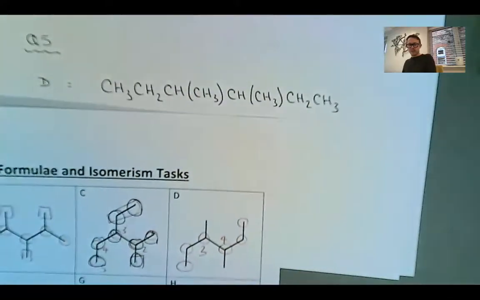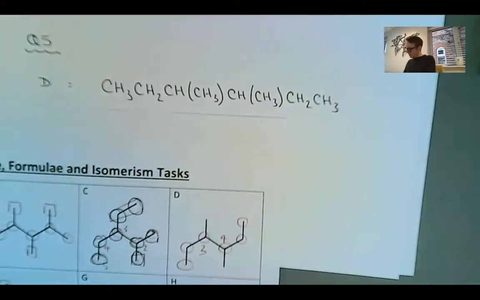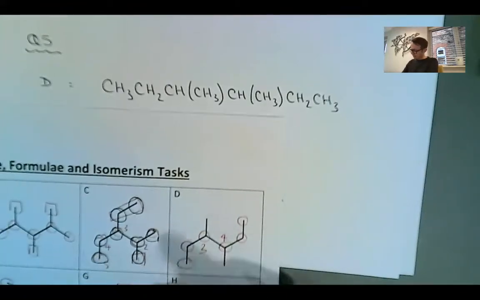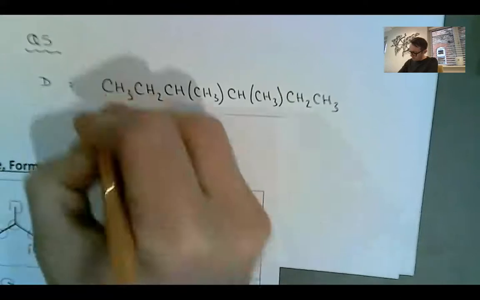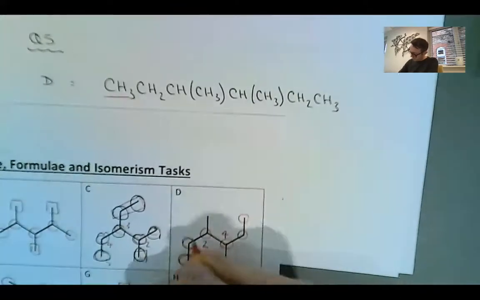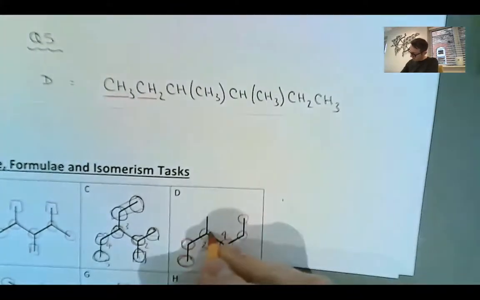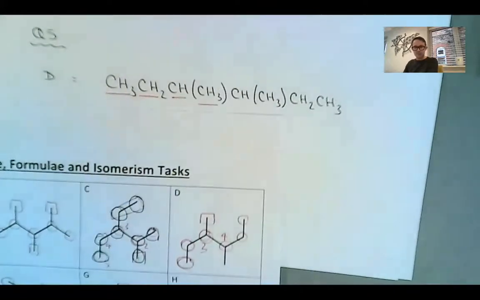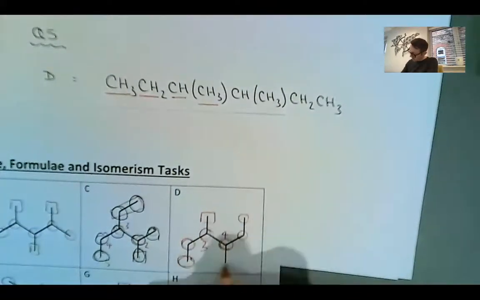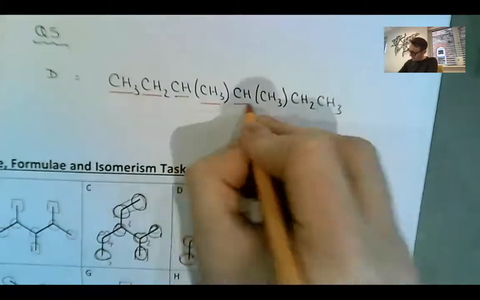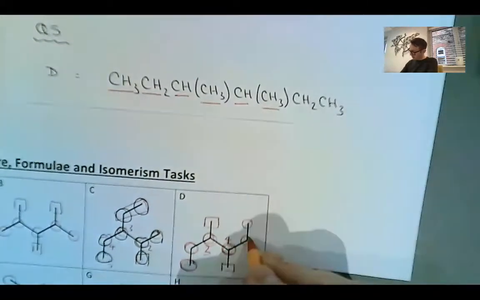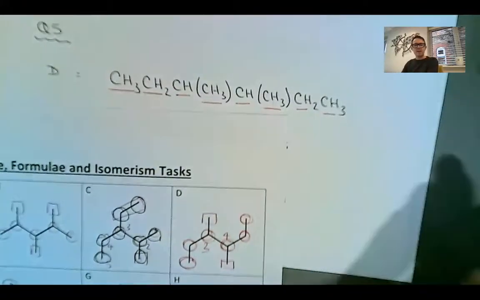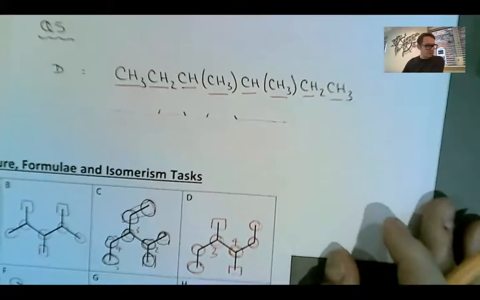So the idea is you go along the carbon chain and state what's attached to it. So here we've got a CH3, followed by a CH2, followed by a CH and a methyl branch, followed by a CH and a methyl branch, followed by a CH2 and a CH3 to finish things off. So that, I would imagine, is the answer you should be getting.